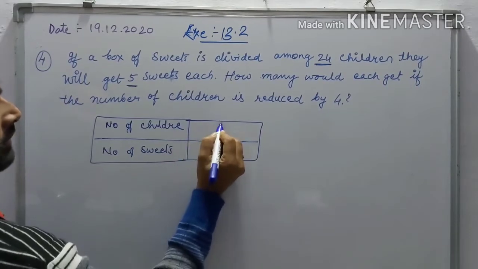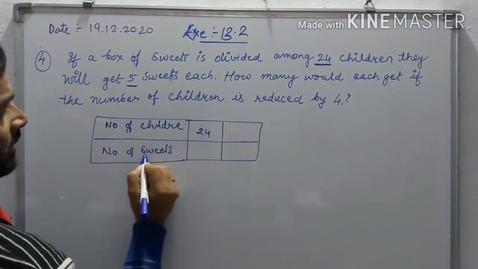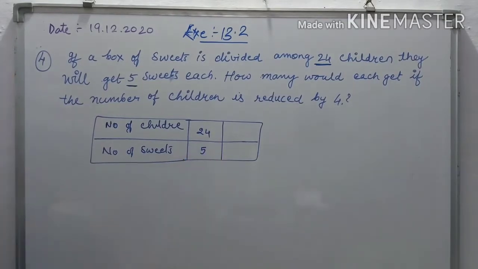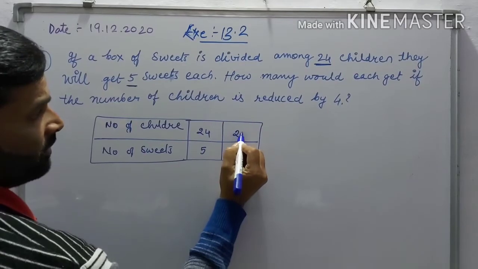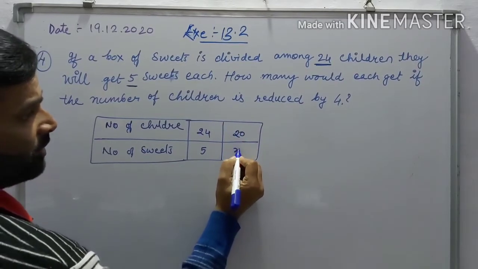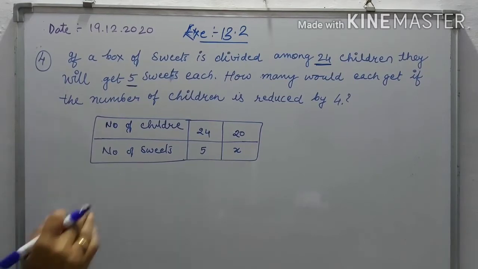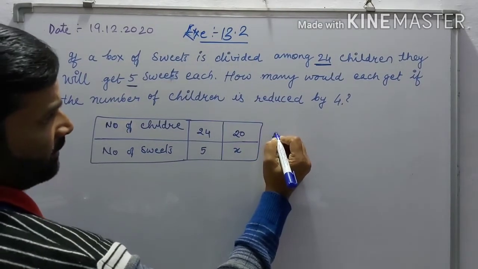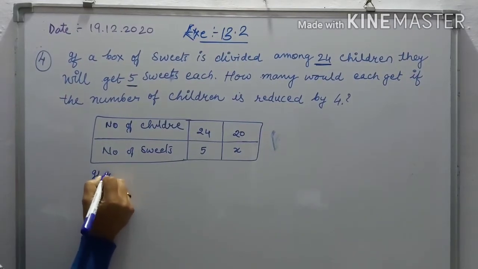It is in two parts. The number of children is first 24, with 5 sweets each, and reduced by 4 means only 20 students, and the number of sweets each will get is x.